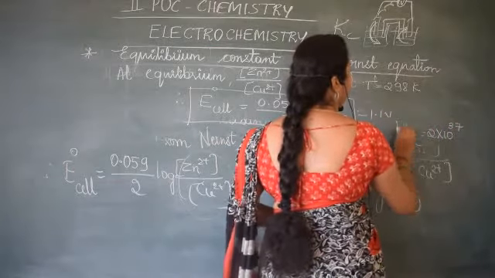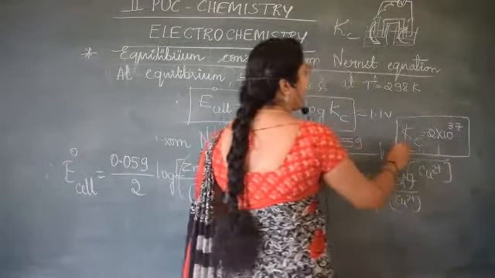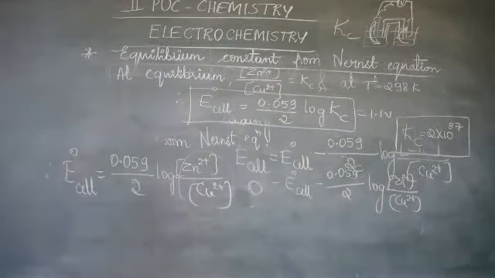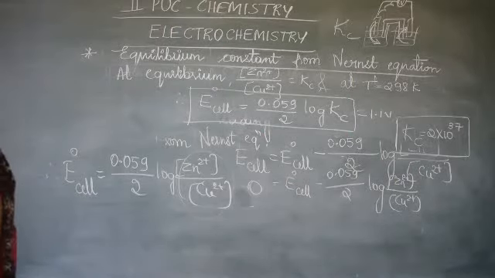The equilibrium constant at 298 Kelvin for the Daniell cell will be 2 into 10 to the power 37. So that's about the relationship between electrode potential and equilibrium constant.